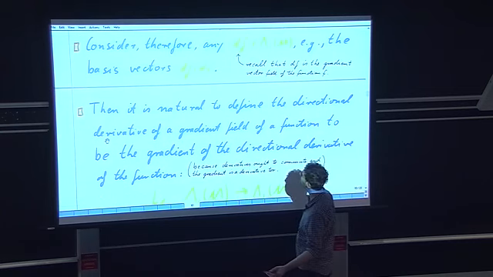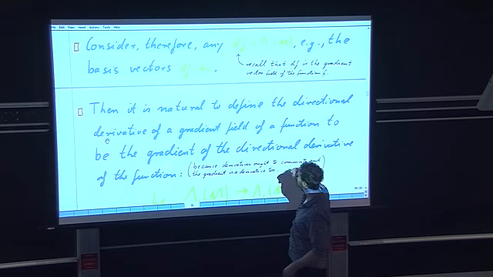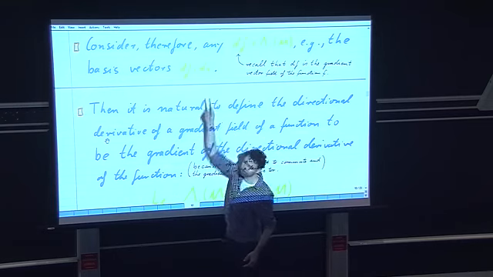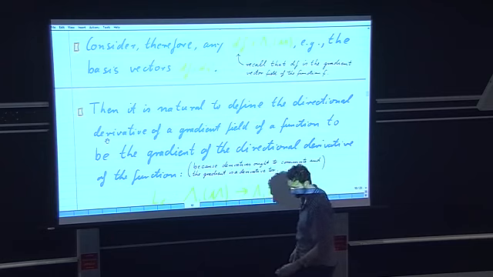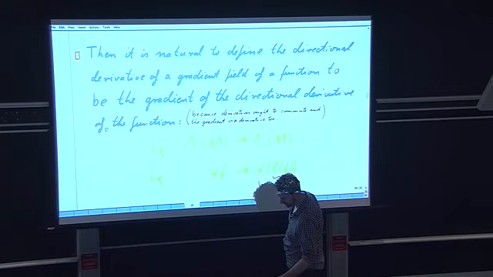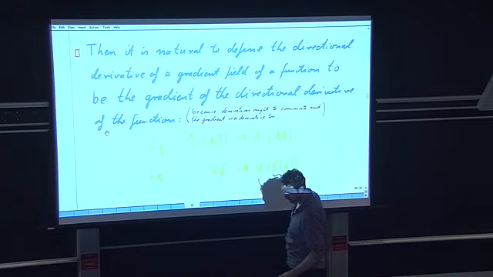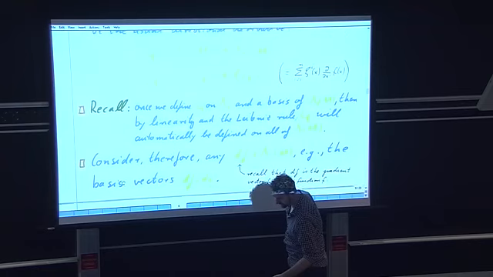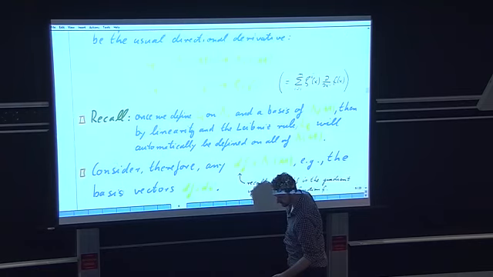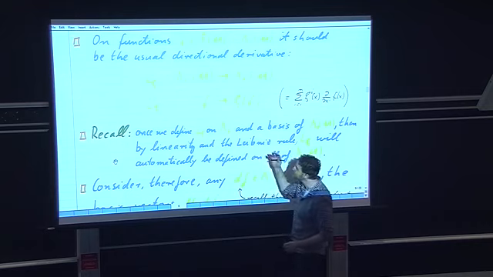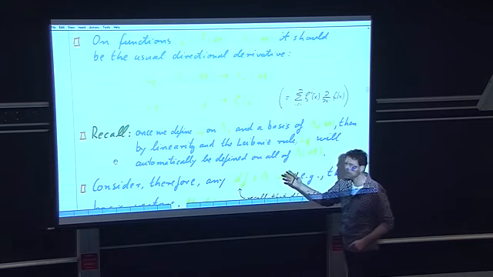We could, for example, define how the Lie derivative acts on those differentials. We already said that the Lie derivative is supposed to act on zero forms in a particular way.